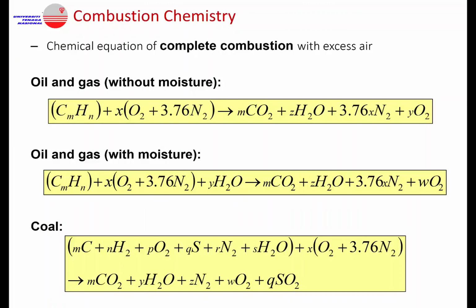In other words, we assume air to consist of 21% oxygen and 79% nitrogen. So the ratio of 21 to 79 is equal to 1 to 3.76 for nitrogen. So you have fuel plus X amount of air equals the products of combustion.